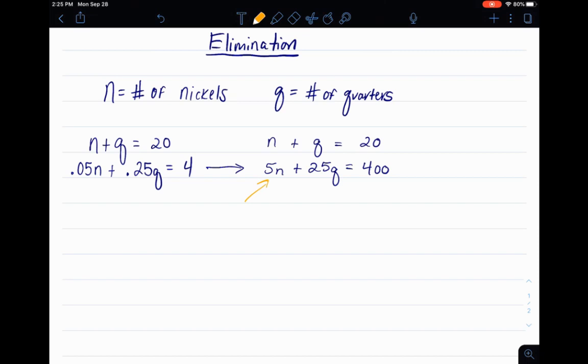Negative 5N. Okay. And so right now it's a 1N on the top. So if we multiply the whole thing by negative 5, we're going to get that negative 5N that we're looking for. So it would be negative 5N minus 5Q equals negative 100.